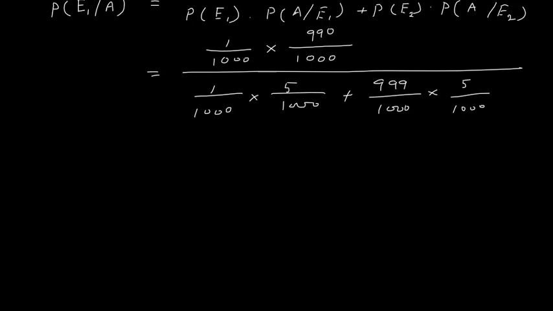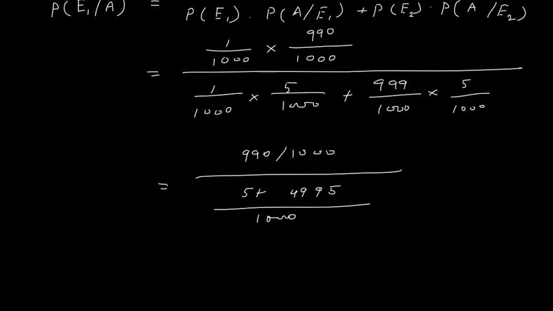So this will become 990 divided by 1000, and the denominator will become 5 plus 999 into 5. So 5 9s are 45, 5 9s are 45 plus 4, 49, and whole divided by 1000.